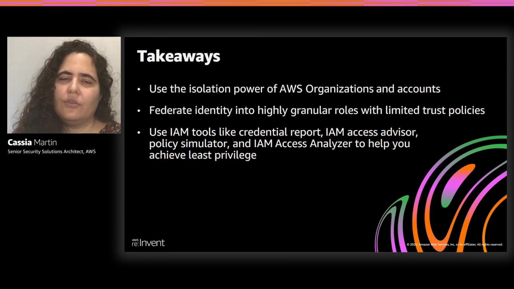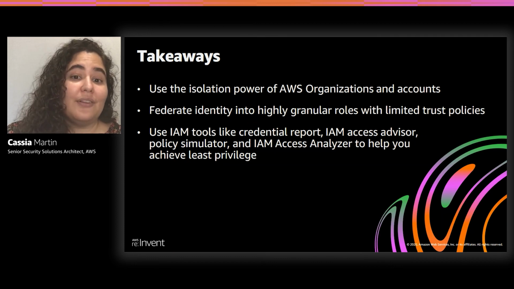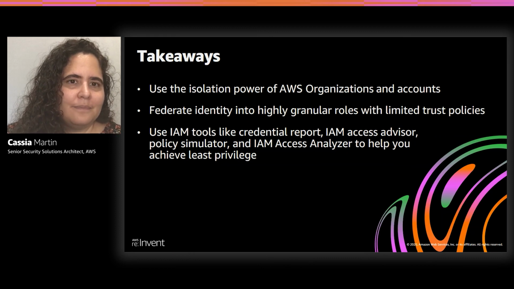And finally, you should use the AWS tools that we give you, like Credential Report, IAM Access Advisor, Policy Simulator, and IAM Access Analyzer to help you achieve least privilege. If you follow these items, these are the places to start to give you a strong identity foundation. Make sure you have granular access to data and granular access to roles.